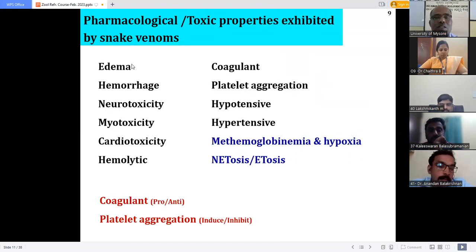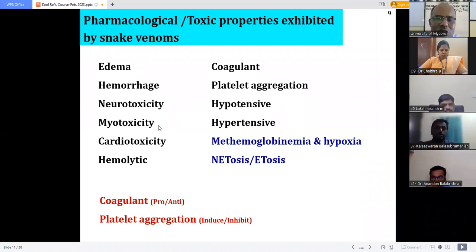Okay, so these are the various pharmacological properties exhibited by snake venom poison: edema, that's swelling; hemorrhage, oozing of blood; neurotoxicity, maybe presynaptic or postsynaptic; myotoxicity; cardiotoxicity.